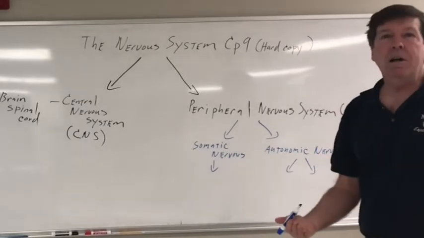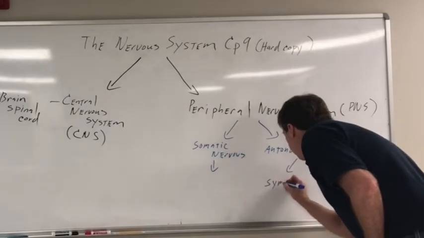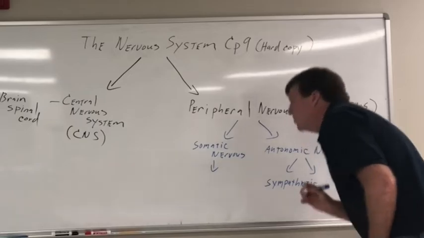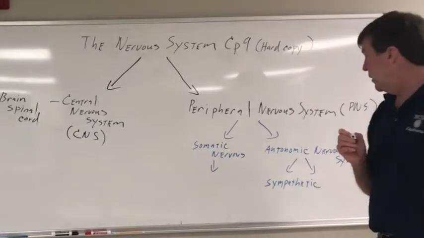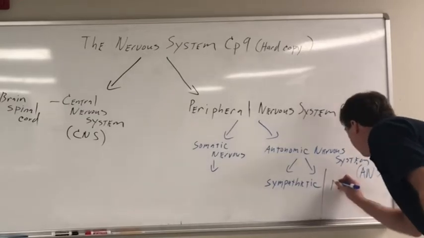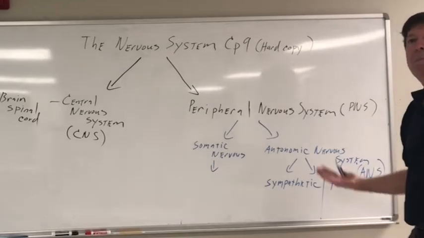One component of the autonomic nervous system is the sympathetic division. So the sympathetic division of the autonomic nervous system. The other is the parasympathetic. So we have sympathetic, and now we have parasympathetic.